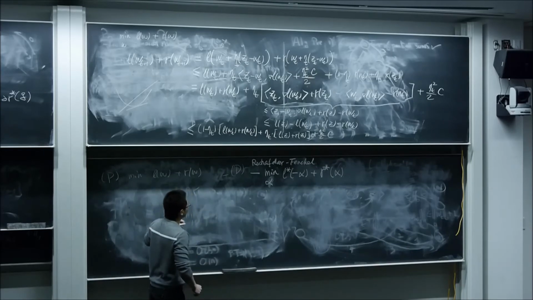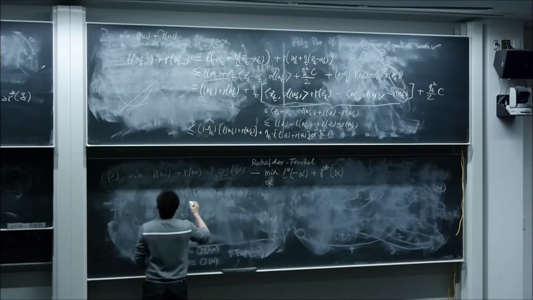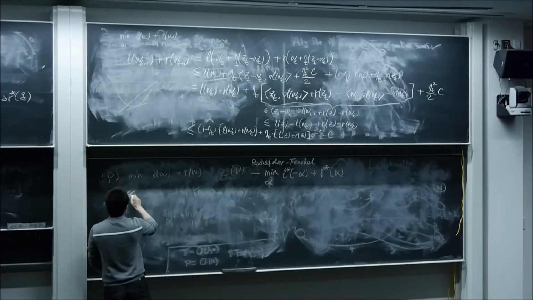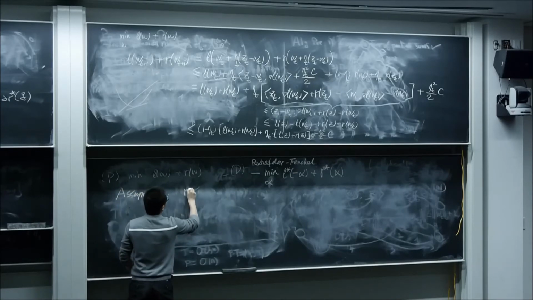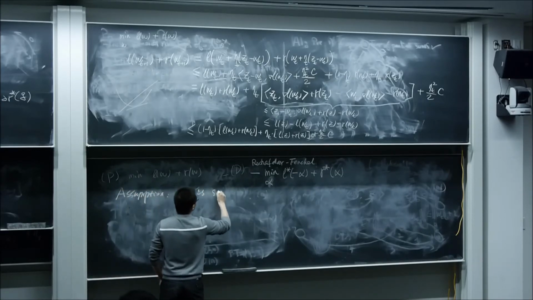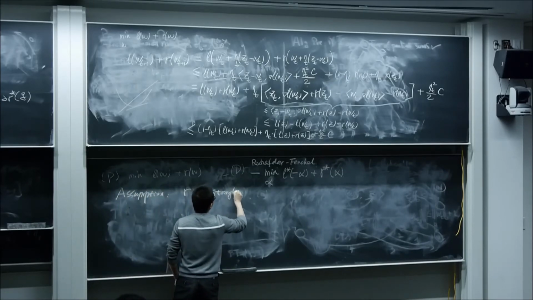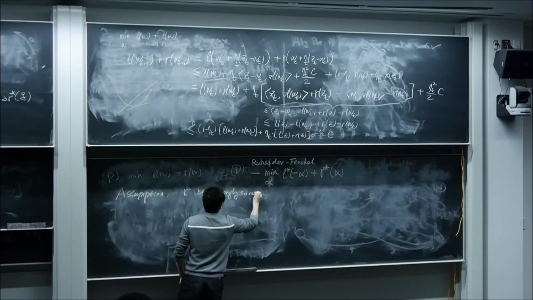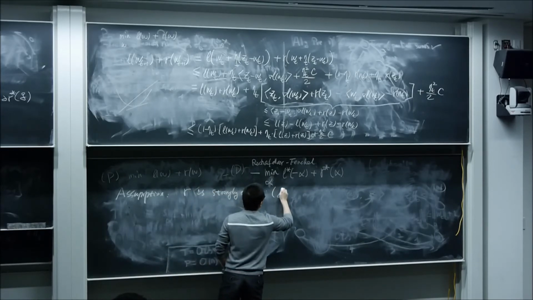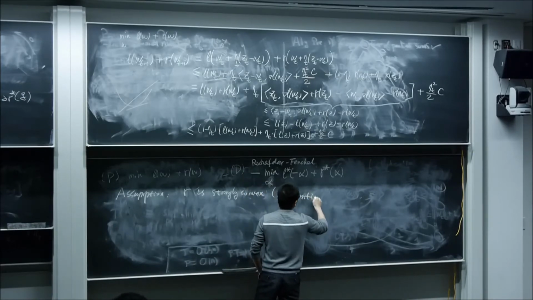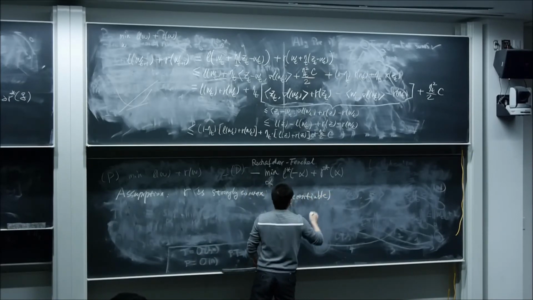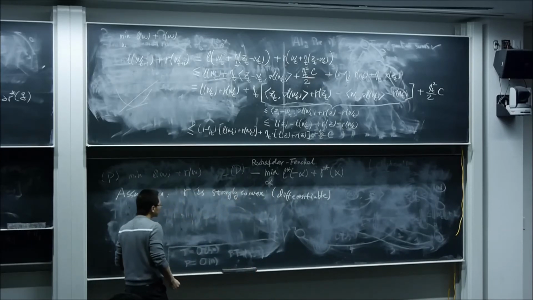So now you have a primal problem, you have a dual problem. And the assumption is, so this time I need to explicitly say that R is strongly convex and differentiable. This is a technicality, but it's okay if it's not differentiable, you just need to pay some extra care.